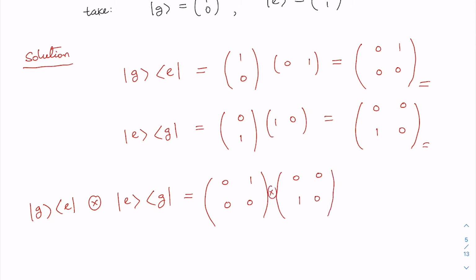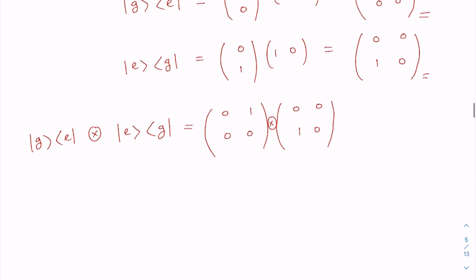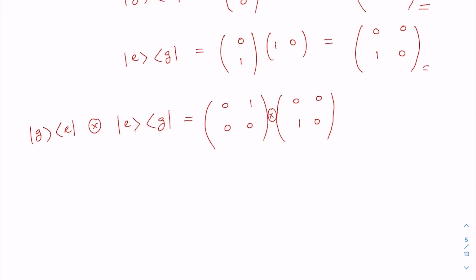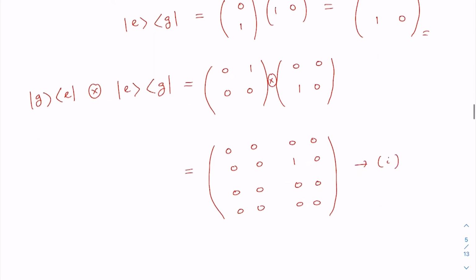Of course this is tensor product, so therefore what we have here is 0 0 0 0 0 0 0 0. Then here we'll have 0 0 1 0 and 0 0 0 0. I think it's easy to see. Let me say this is equation number 1.